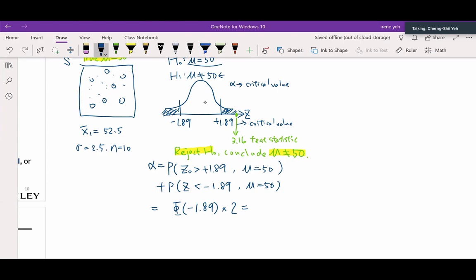So I'm going to jump straight to the answer. 0.02871 multiplied by 2 is 0.05743.